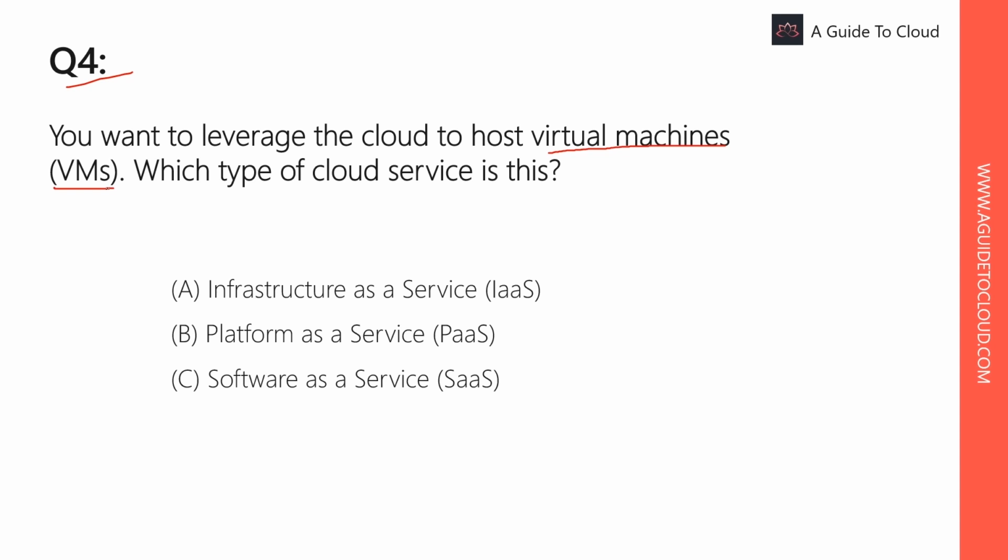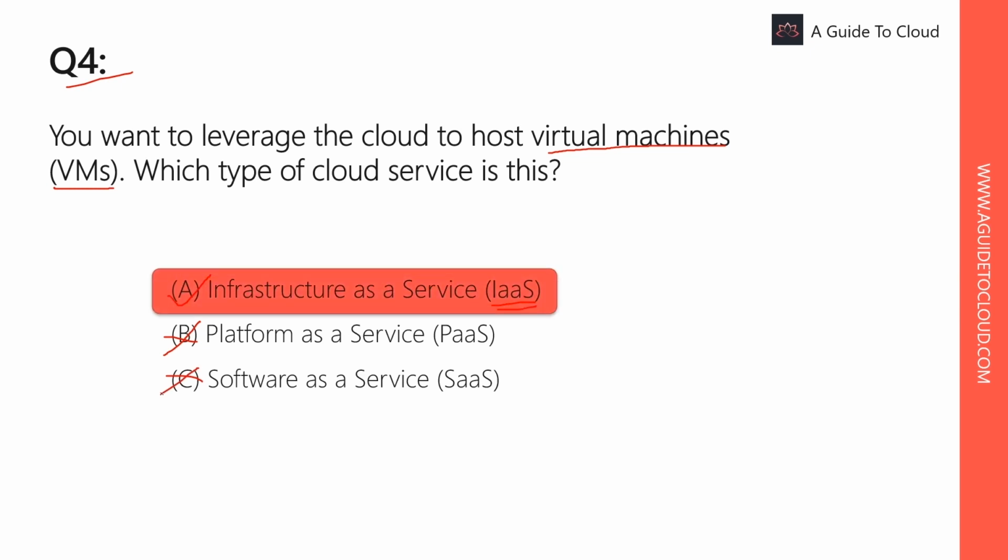This is where you get to control which operating system you can install, and you get to choose which application you can install on top of your OS, etc. So the right answer, even before going through the options, is the first one, which is IaaS or infrastructure as a service. Definitely not PaaS, because in PaaS you cannot install a VM. And in SaaS also, you will not get a VM. So the right answer is A.